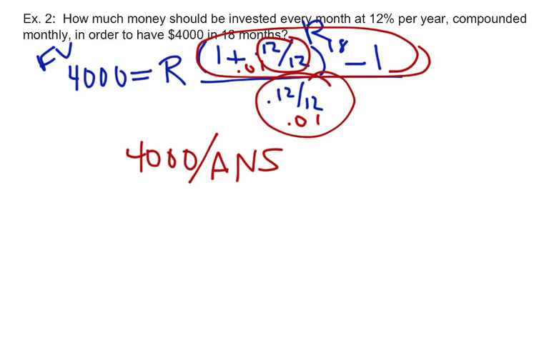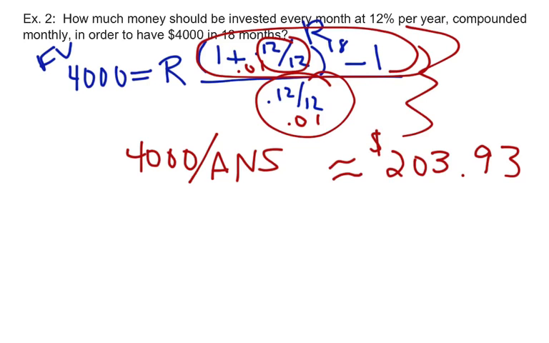Now the way you do that on the calculator is you use second negative sign. That's where A and S is. And what it'll do is it'll divide 4,000 by whatever you got over here. And you should find out that it should be about $203.93 a month.